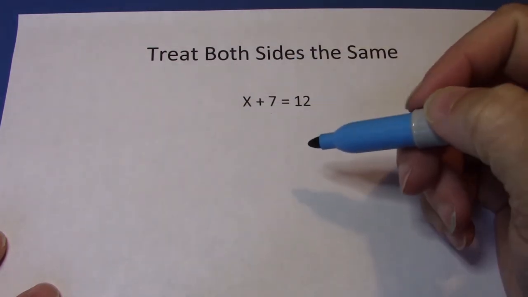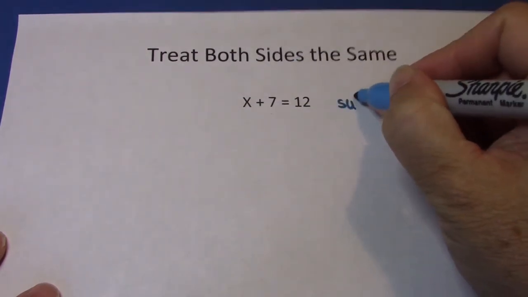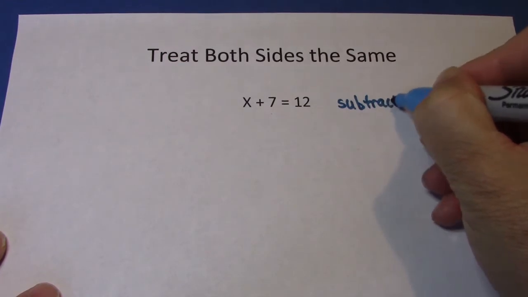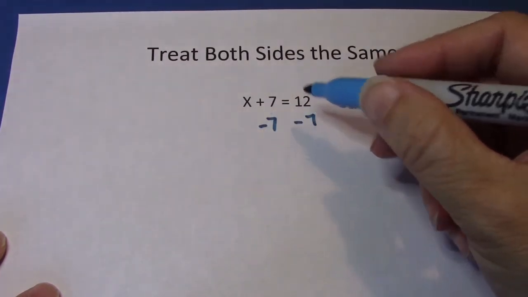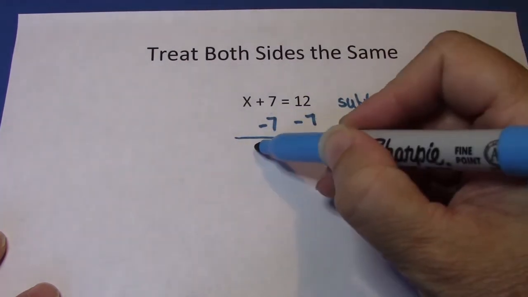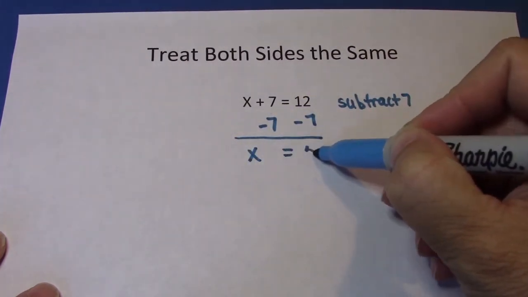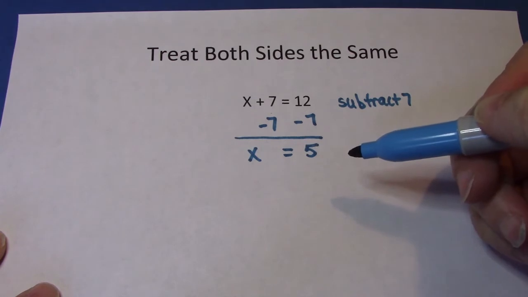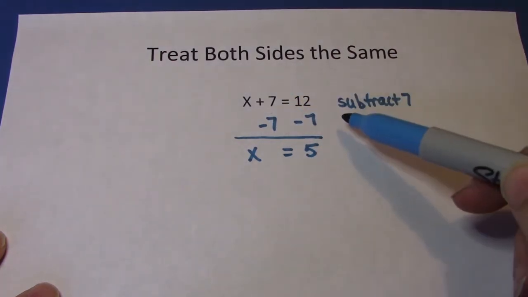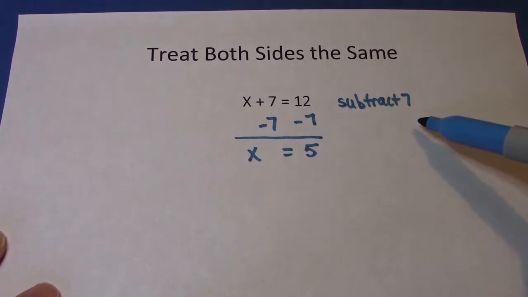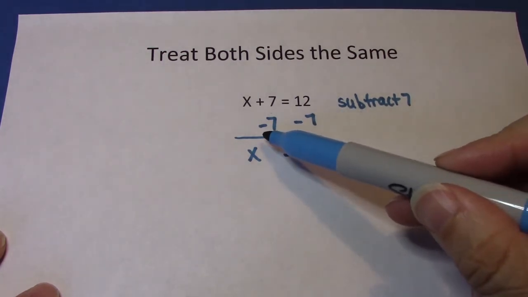So if we subtract 7 from both sides, some people like to list here subtract 7 and then show how they're doing it.